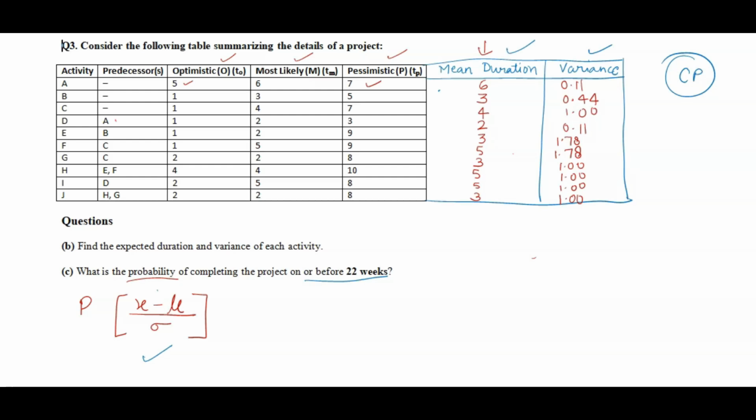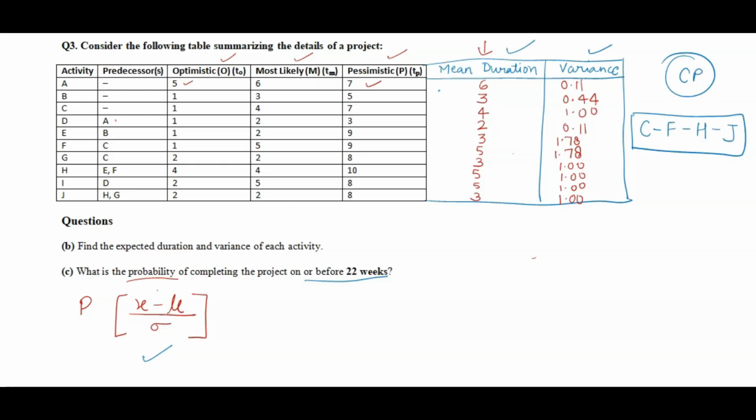With those conditions we get this as the critical path: activity C, activity F, activity H and activity J. So here we have to take C, F, H, J.